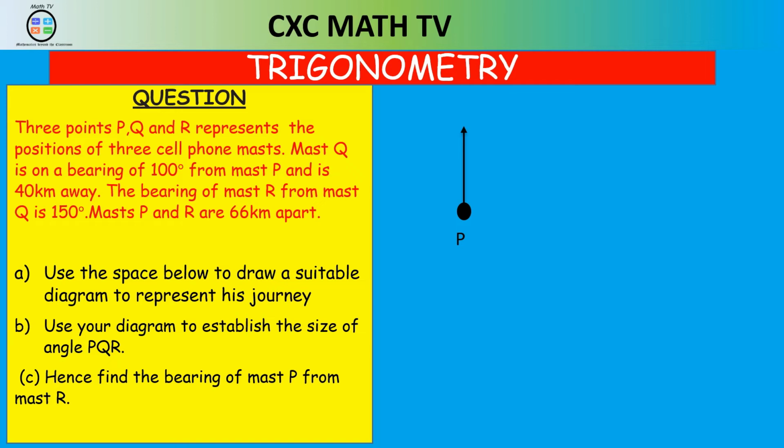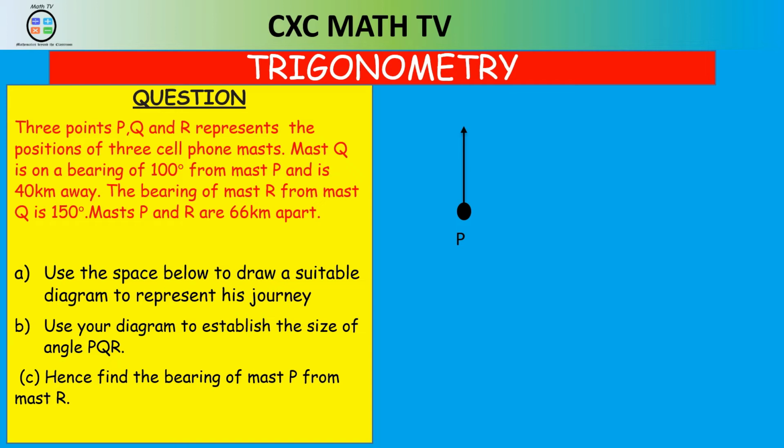Use the space right here to draw a suitable diagram to represent the journey. And then use your diagram to establish the size of angle PQR and hence find the bearing of mast P from mast R. Okay, so this is quite a lot to do.